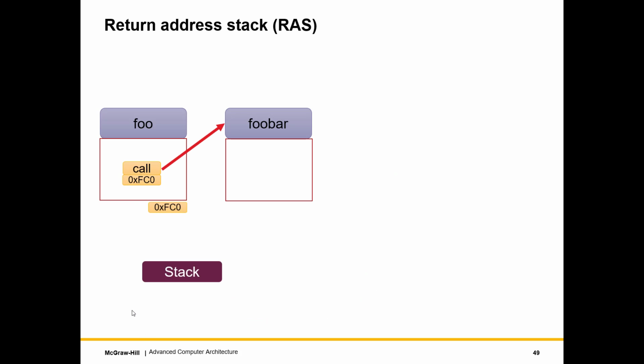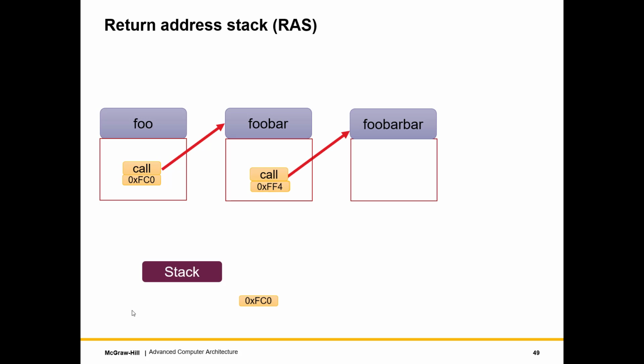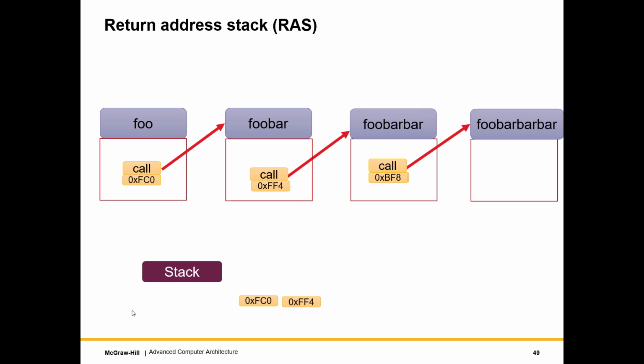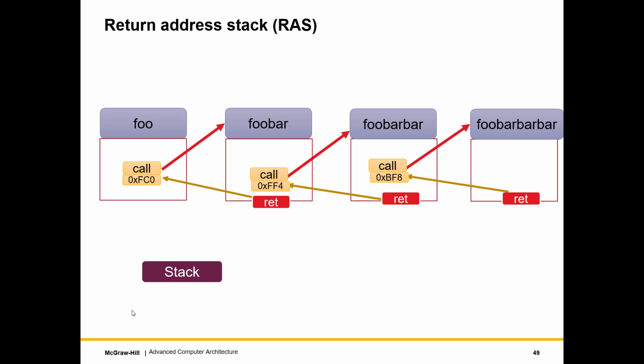So foo calls foo bar, we store the return address once again, and whenever we return, we just pop the stack, and the top entry of the stack is where we need to return to. So this is as simple as maintaining a stack in hardware.